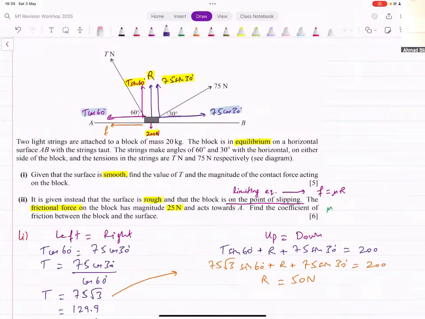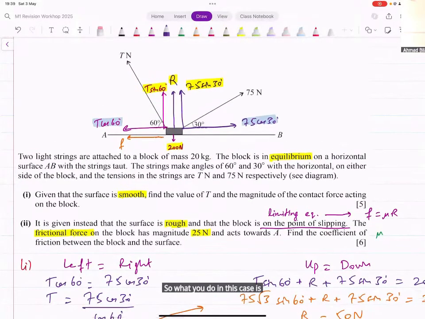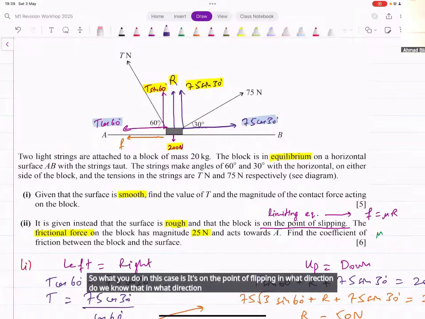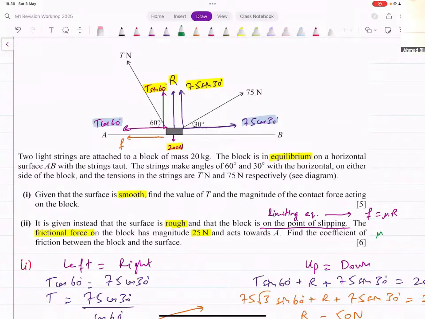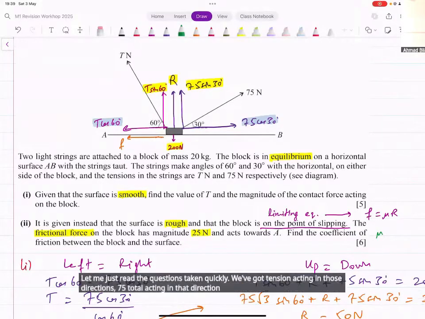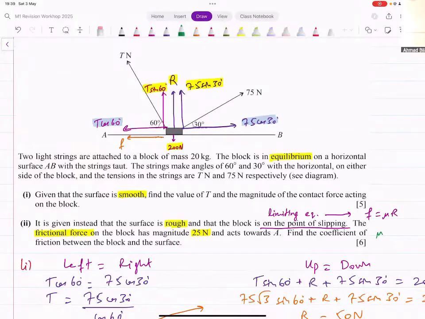So, it's on the point of slipping in what direction? Do we know that? Let me just read the question statement quickly. We've got tension acting in this direction, 75 Newton acting in that direction. Okay, so they have actually told you in which direction friction acts.